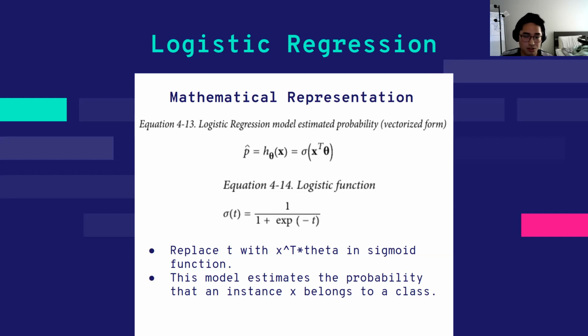All these equations are from the book Hands-On Machine Learning with Scikit-Learn, Keras and TensorFlow, and I've put a free PDF of the book in the resources page. So you feed in your data X. The T represents the transpose.